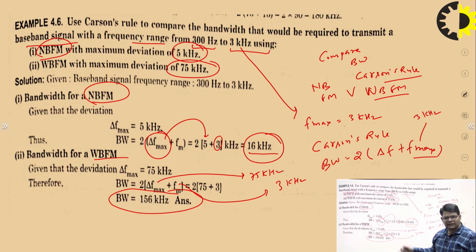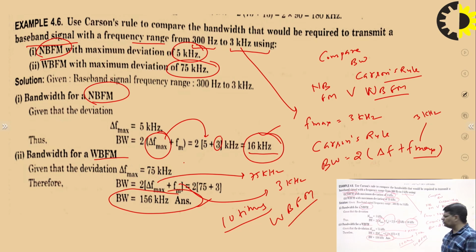From this we can see that there is a huge difference between the bandwidth of narrowband FM and wideband FM. Approximately the bandwidth is 10 times more in wideband FM as compared to narrowband FM.